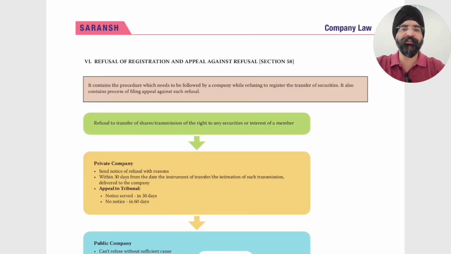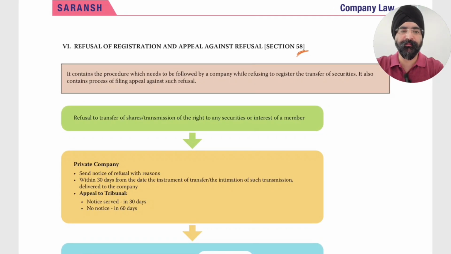Refusal of registration and appeal against refusal. Section 58. Now, if a person tries to register a transfer of shares, and the transfer is rejected, then what happens? Where it is allowed, where is it not allowed? It contains the procedure which needs to be followed by a company while refusing to register transfer of securities.